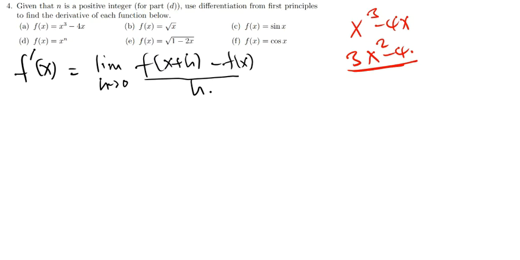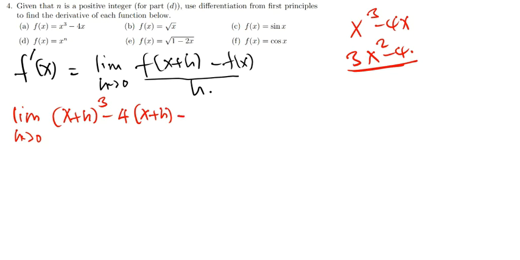So let's go. I'll bring limit as h approaches 0. Where there is x, I'm going to put x plus h, but since it is raised to the power 3, I'll also put power 3. Then I'll put minus 4 open brackets, where there is x we put again x plus h.